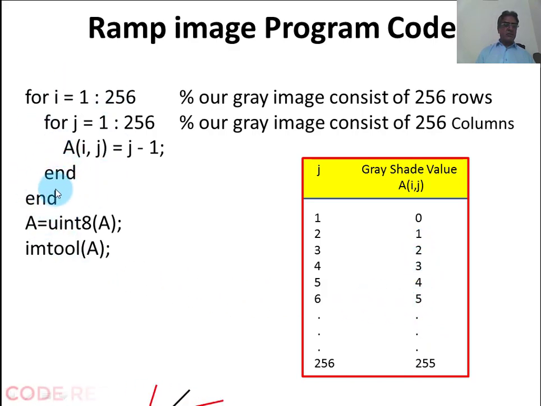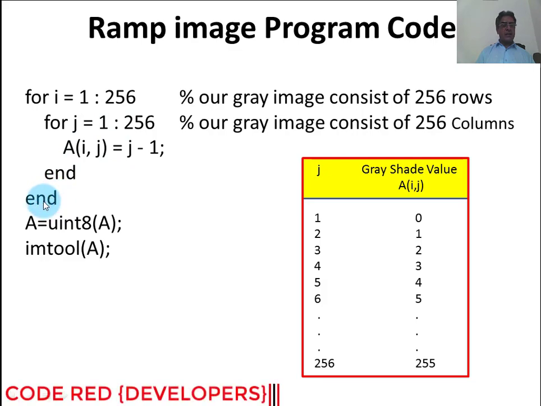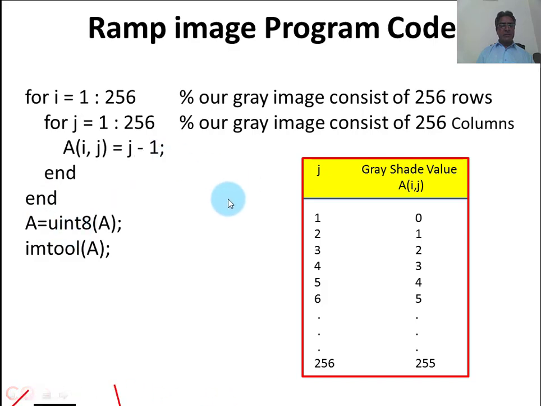When the two loops execute completely, the image in the A vector becomes complete, and we change the type of the image. Unsigned integer 8, that is a byte, contains 8 bits.